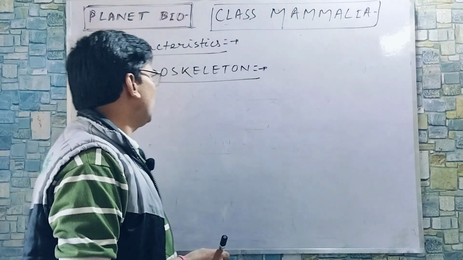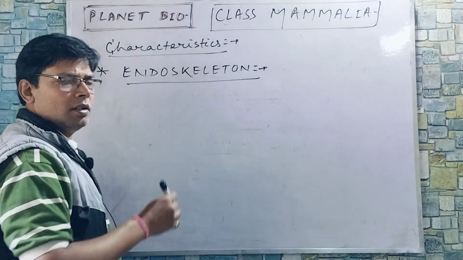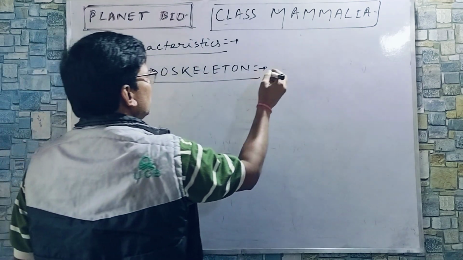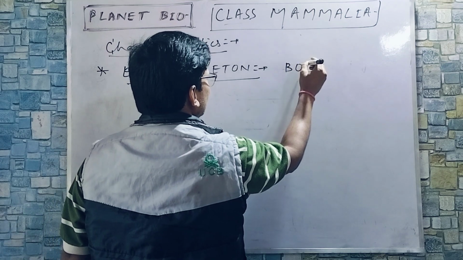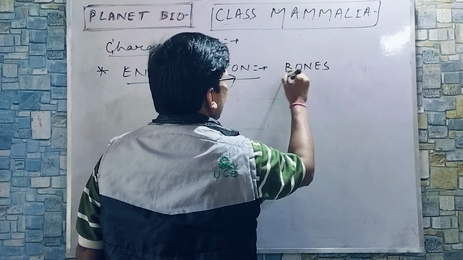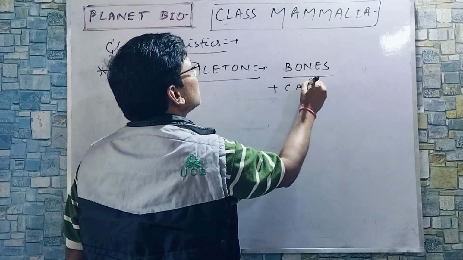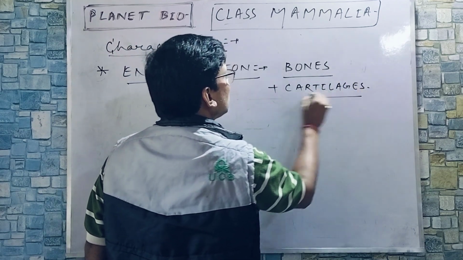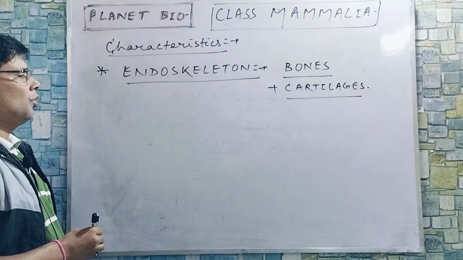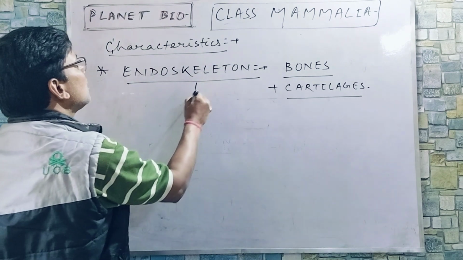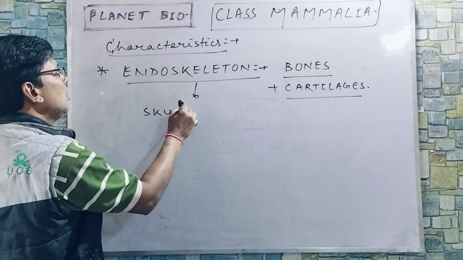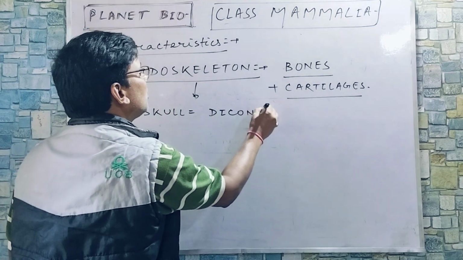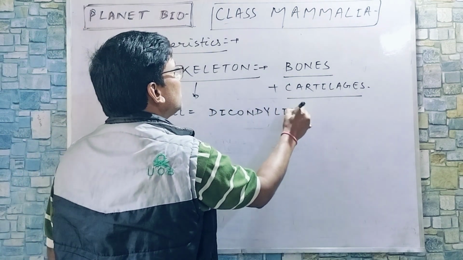Now you see, endoskeleton means internal framework of our body. That is bony, made up of bones and supported by cartilages. It includes a skull, and the skull is dicondylic, made up of two occipital condyles.